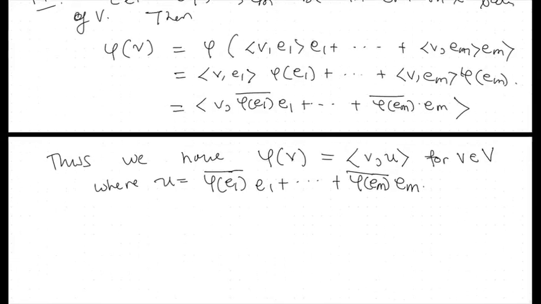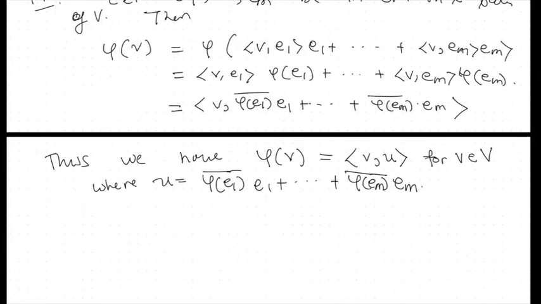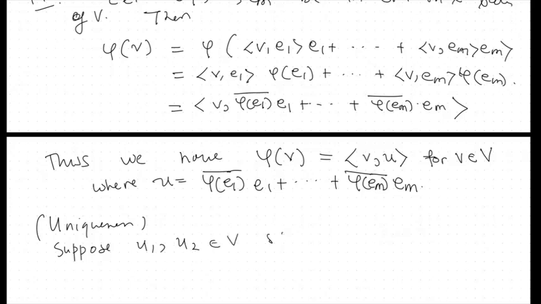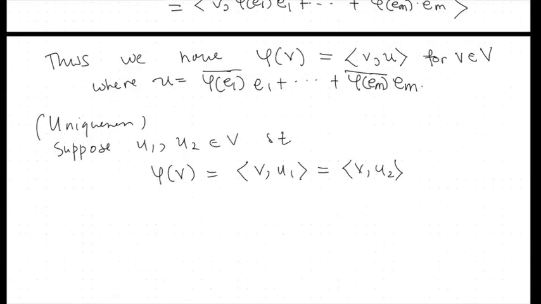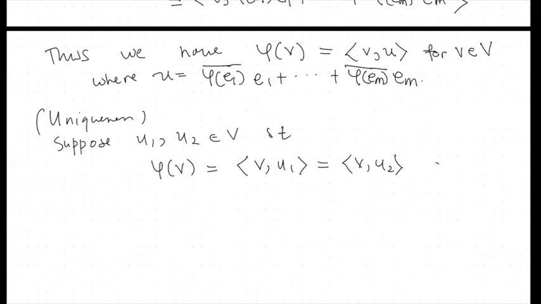Now, we claim that U is unique. So to prove that, this is uniqueness. Suppose that U_1 and U_2 are elements of V such that the linear functional applied to V is the inner product of V with U_1, and equal to the inner product of V with U_2, for all V in the vector space.